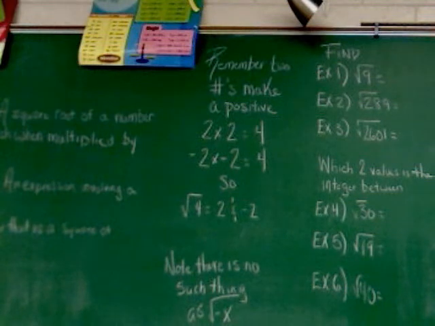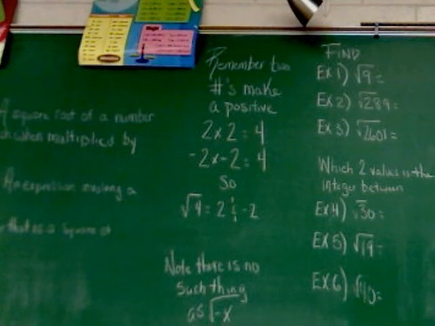Because 5 times 5 is 25, negative 5 times negative 5 still makes positive 25. There's no number I can multiply by itself to make a negative. So those values actually don't exist. Now when I say don't exist, I don't know why I say this all the time, but I do. Technically, it's an imaginary number.